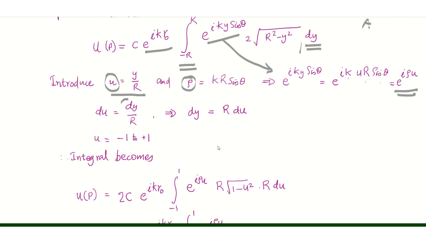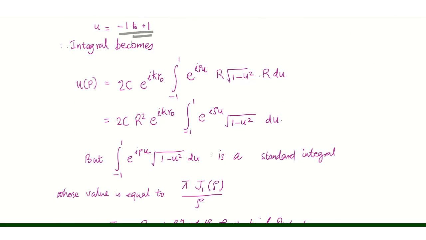you have to substitute for dy, that is, du is dy by r, which will give you the value of dy, and the limit from minus r to plus r for y, and therefore u will be from minus 1 to plus 1. Substitute all that into this equation.